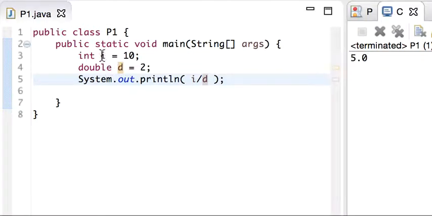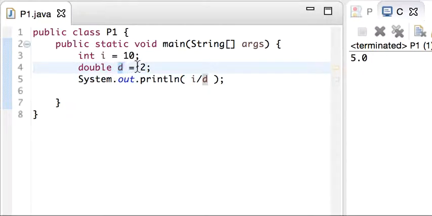It is because D is a double. Even if I put 2, the value of D is actually 2.0, because D is a double. So here we have I, which is an integer, divided by a double.